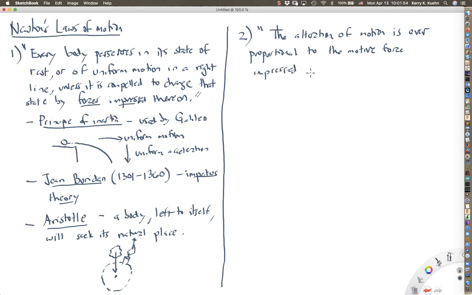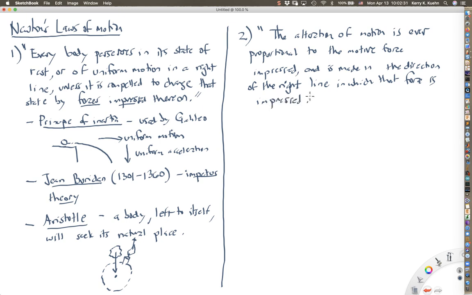And is made in the direction, I'll just state it first and I'll explain it, of the right line, or the straight line, Newton says of the right line, in which that force is impressed. Okay, so there you have it in text.